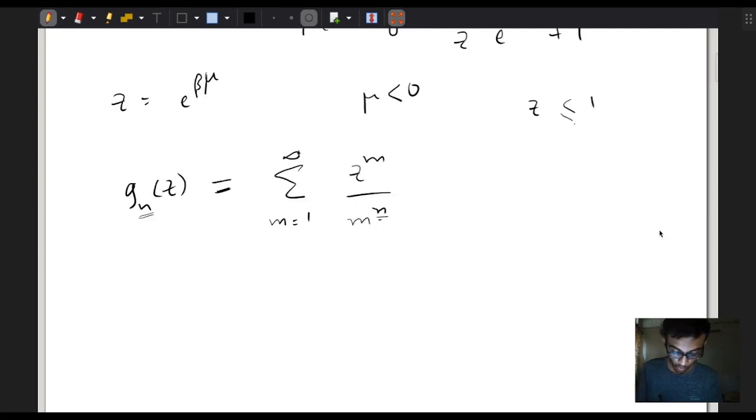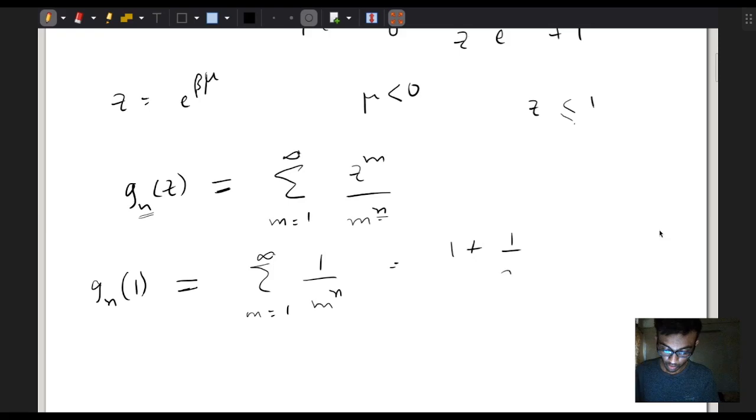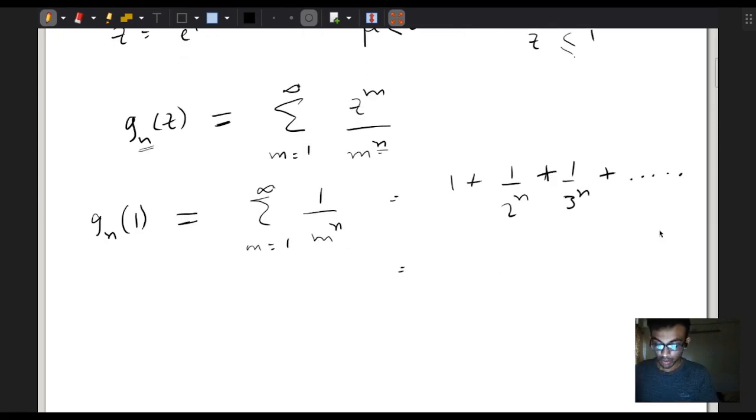When z equal to 1, the value of this function for any n is 1 plus 1 by 2 to the n plus 1 by 3 to the n and so on. So this is nothing but the Riemann zeta function of n.